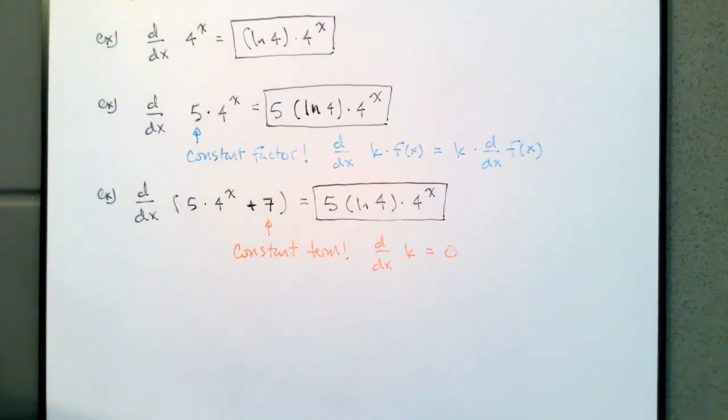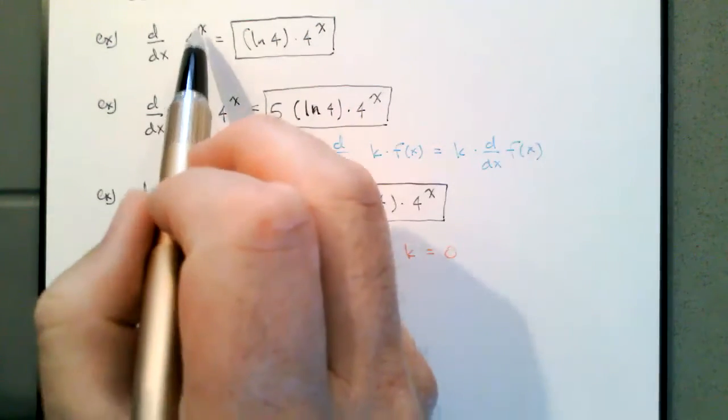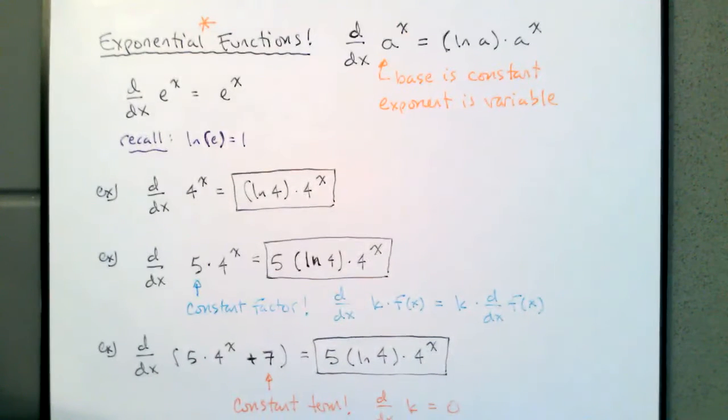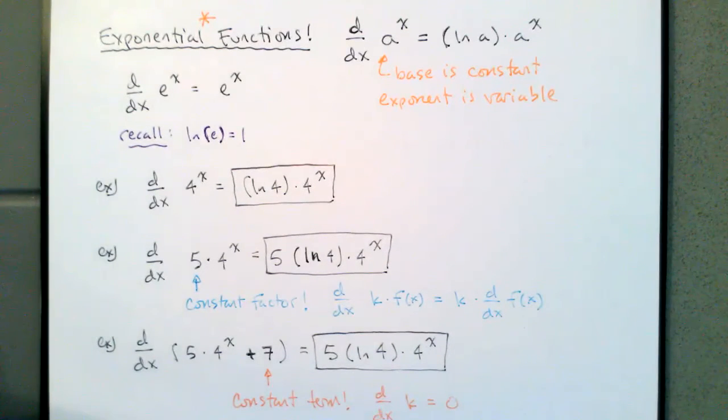Any questions? Yes, Professor Rich, could you please explain the first example again? Derivative of 4 to the power of x. Yes, this is an exponential function. So this is just using the rule that we had up here, where a is equal to 4. The derivative of a to the x is the natural log of a times a to the x.